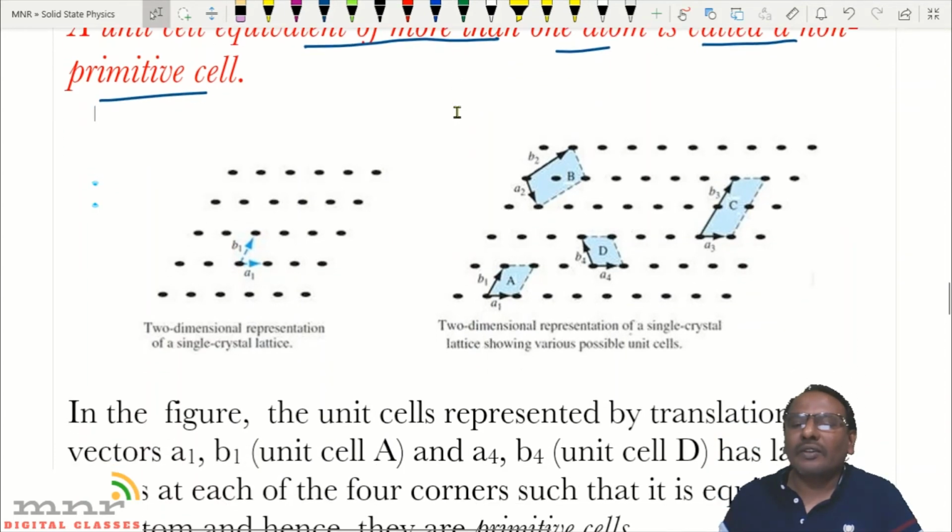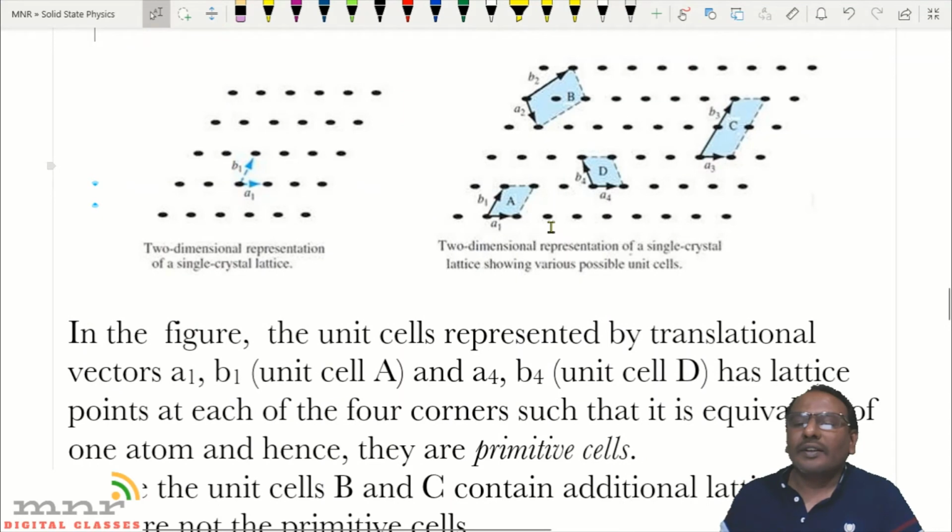Now come back to the figure. In the figure, we have already learned the 4 different possibilities of choosing a unit cell. Now observe here the figures A, represented by unit cell A, and D contain the lattice points only at the corners. Hence, A represents a primitive cell.